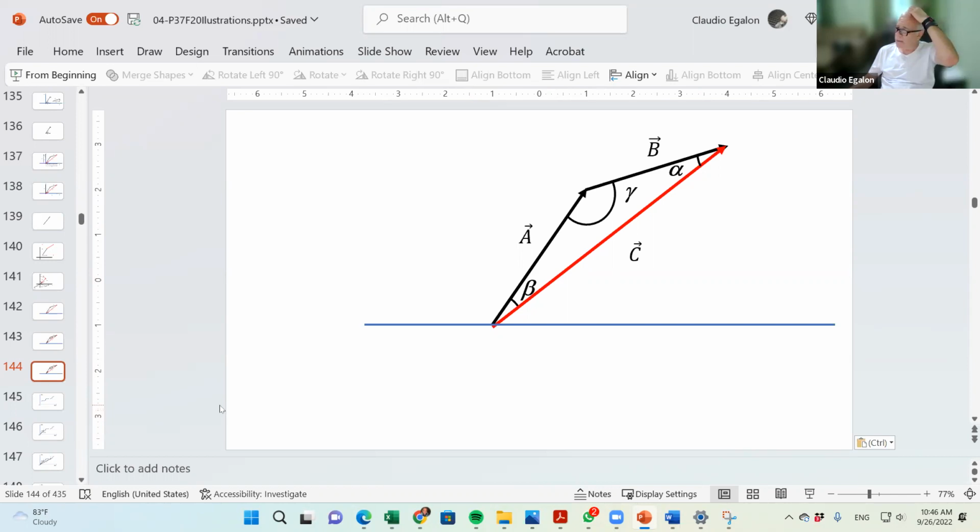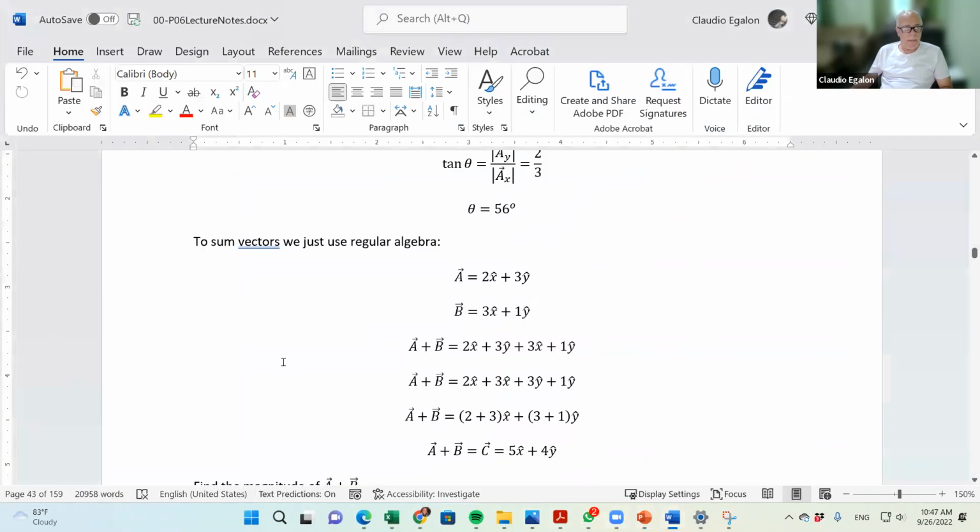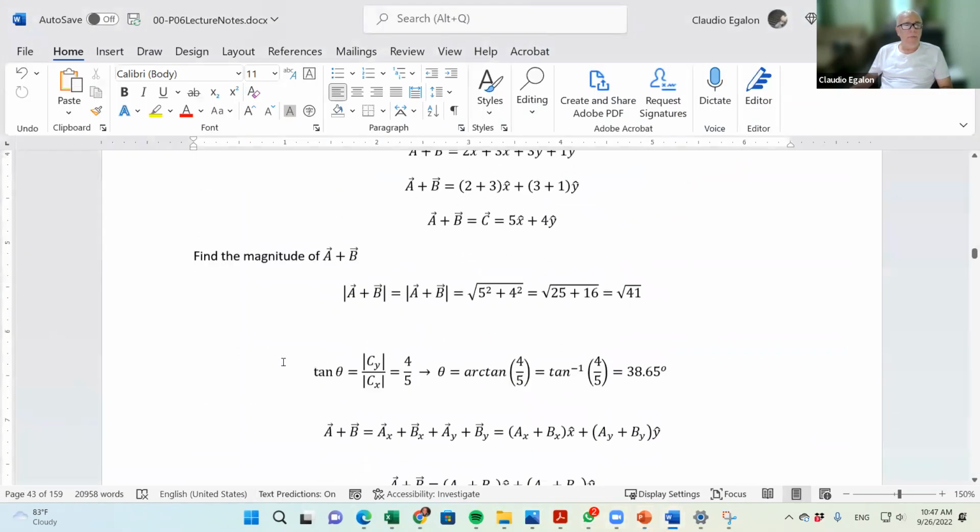I'll leave that for an exercise, but if you do everything right, you will find the angles that we have. And once you find the angles, you will know how to calculate the magnitude of C, okay? That's what we have here.